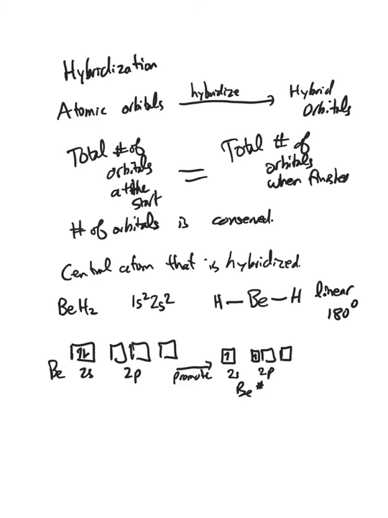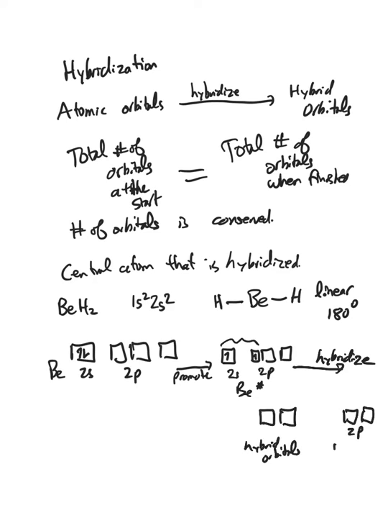And what we're going to do is we're going to now take these 2 orbitals and we're going to hybridize them. And so we're going to have 2 hybrid orbitals. And we're going to have 2 unhybridized orbitals.